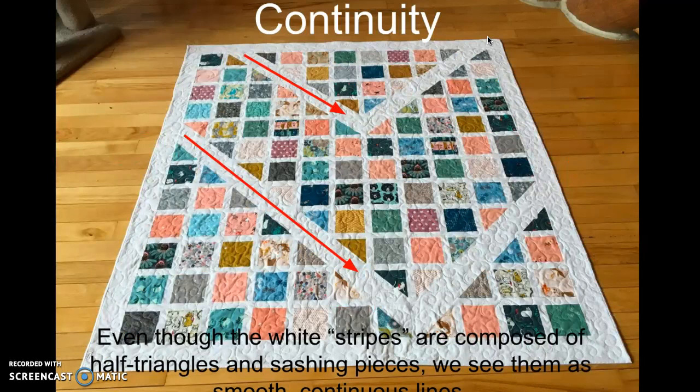Now, one thing that I'm going to show you examples of in class is a Gestalt grouping principle called continuity. Continuity is just the fact that we have, as humans, we love smooth and continuous patterns rather than discontinuous ones. So we like lines and lines that continue without interruption. This particular quilt, its design actually sort of exploits this, because each of these pieces, when you look at the line that was created here, there's half square white triangles that were made to create that of the blocks on either side, and then sashing pieces that are white between them.